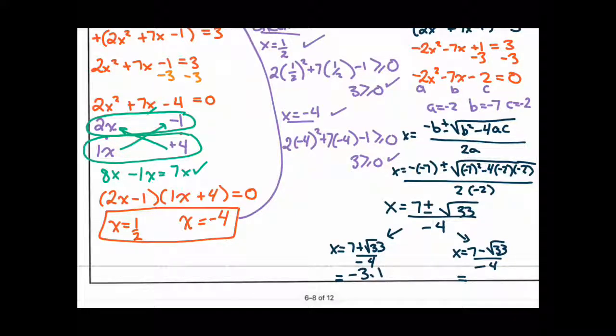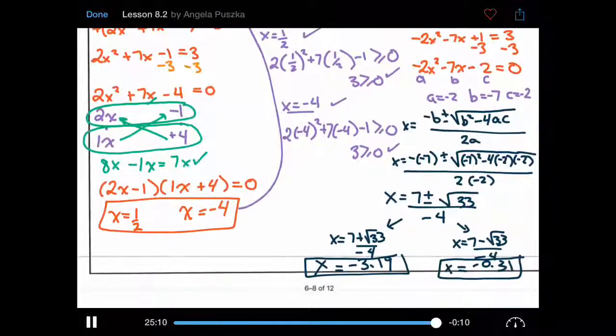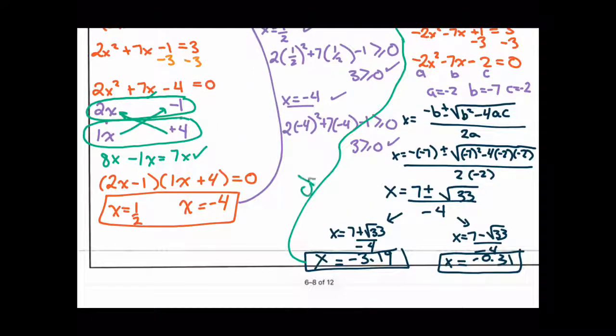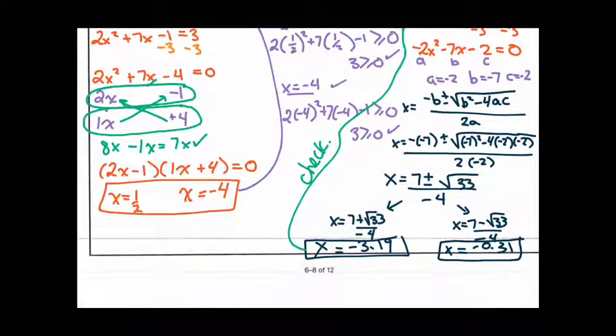Negative 3.19. Negative 0.31 to your x values. And then again, you'd stick them back up into your restrictions and check them. Let's say you go and check them up here, you would check them.